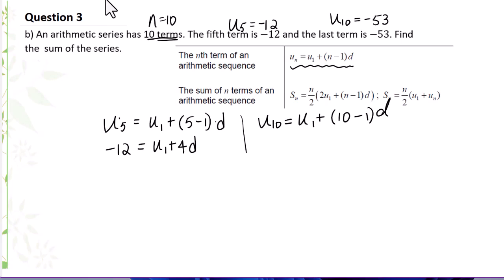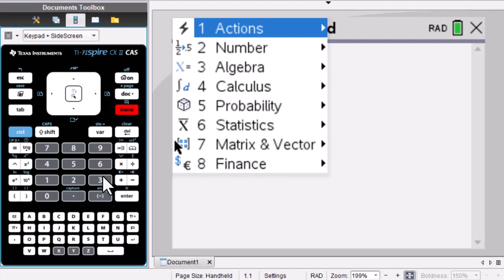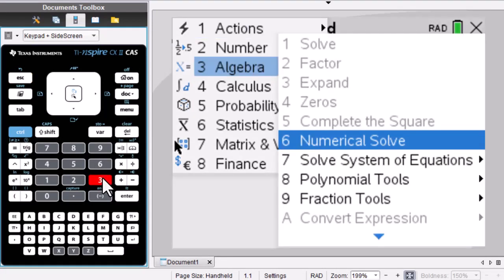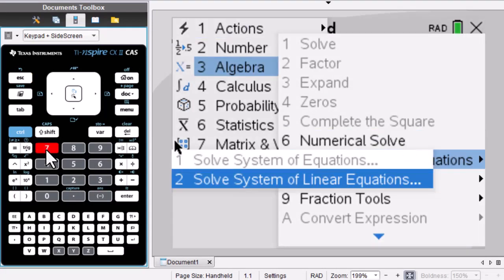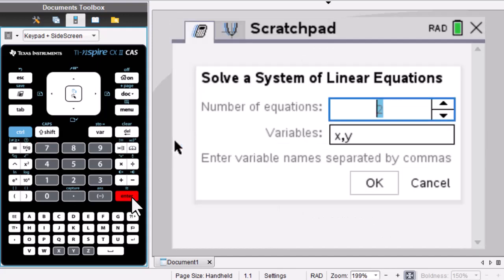U sub 10 is negative 53 equals u sub 1 plus 9d. We will solve the system of these two equations. Go to menu, 3, Algebra, 7, Solve system of linear equations. Enter.